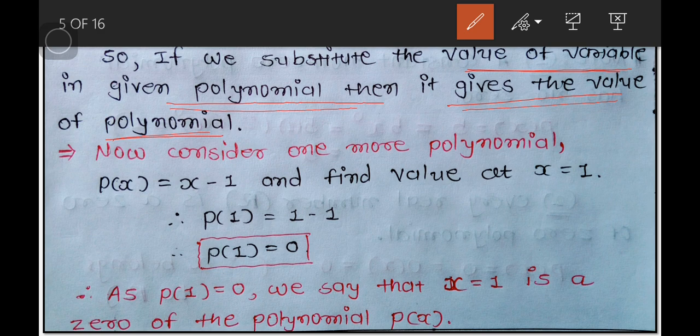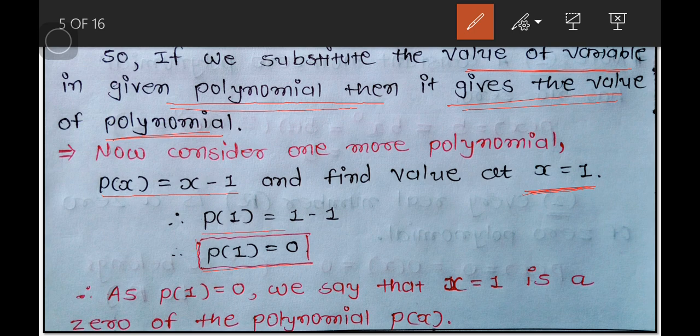Here one more polynomial that we consider is p of x is equal to x minus 1, and we find the value of this polynomial at x is equal to 1. So finding the value of p of x at x is equal to 1, we get p of 1 is equal to 1 minus 1, and that is p of 1 is equal to 0.